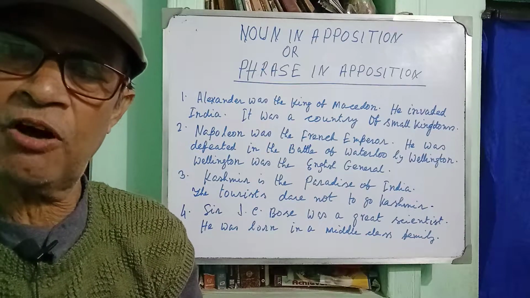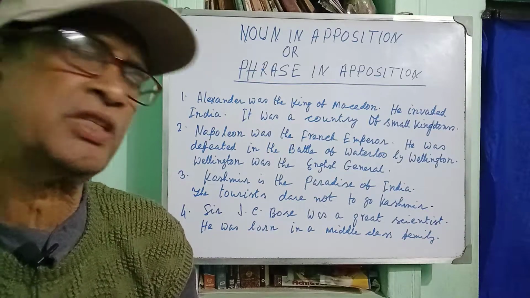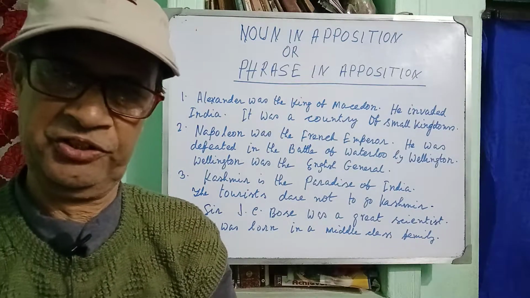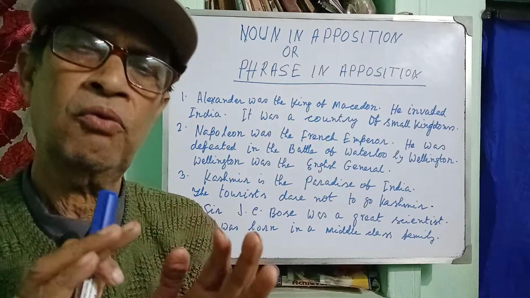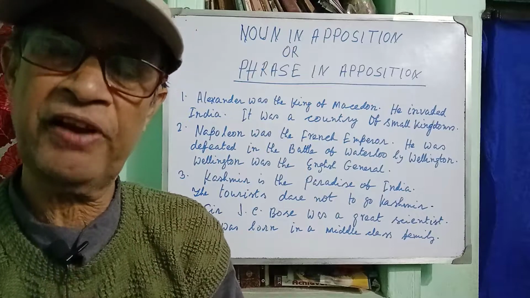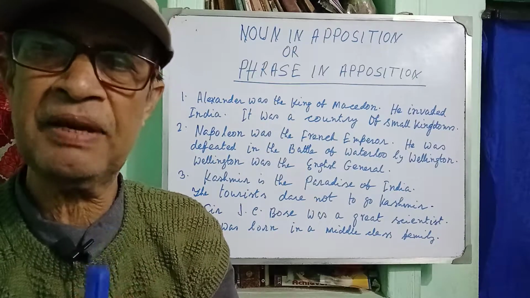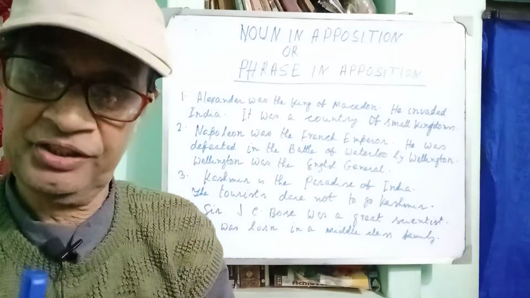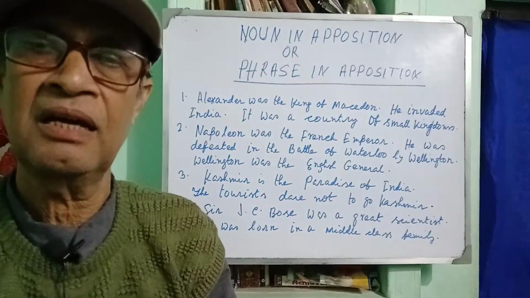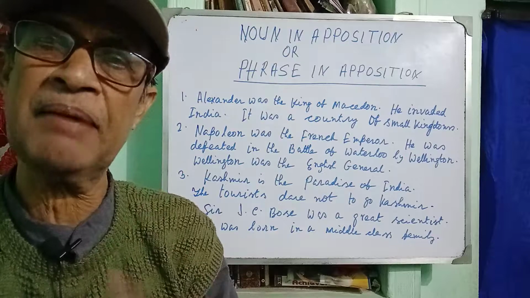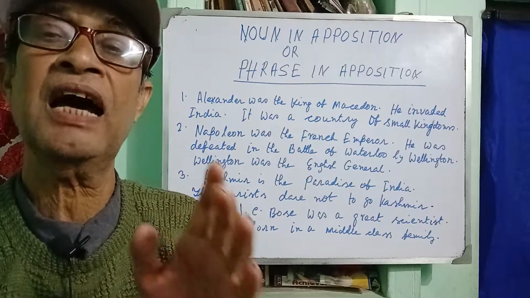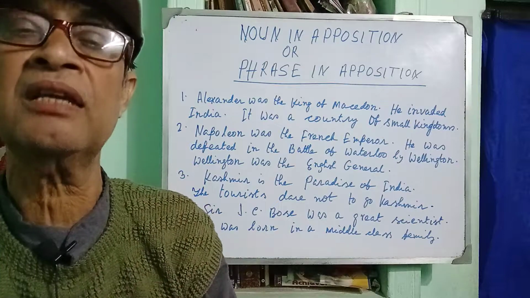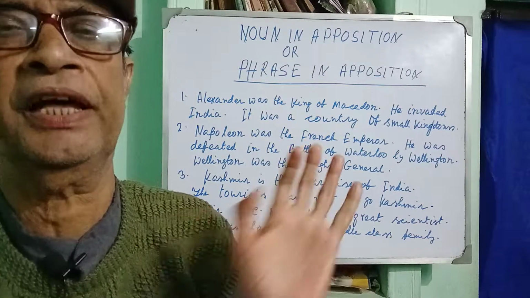Then what is the definition of noun in apposition or phrase in apposition? When a noun or a noun phrase take their places side by side to suggest or to explain the same person or the same object, they are called noun in apposition or phrase in apposition when they are taken together.